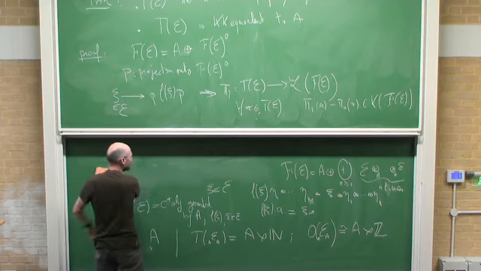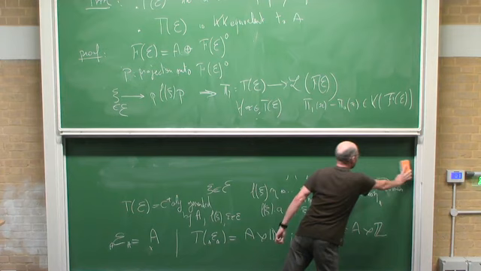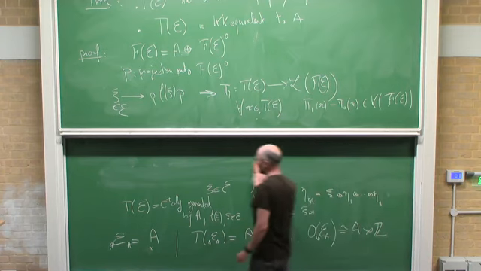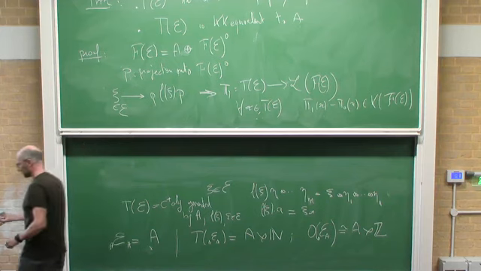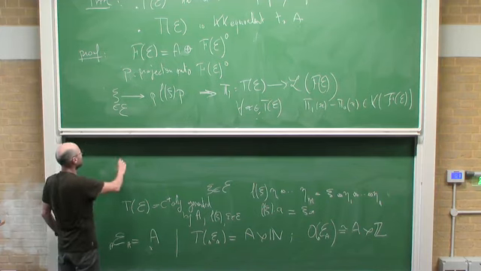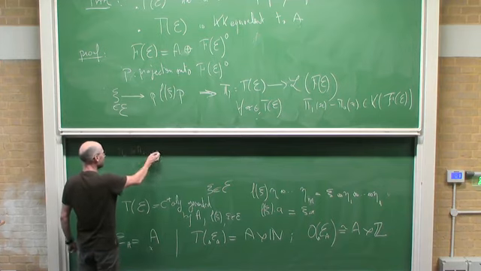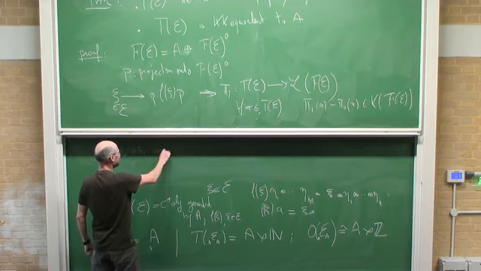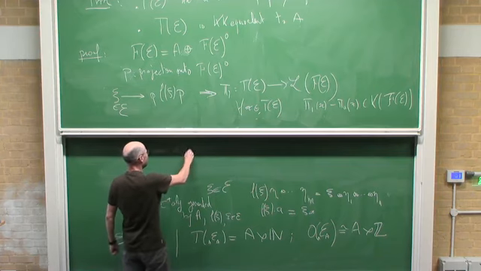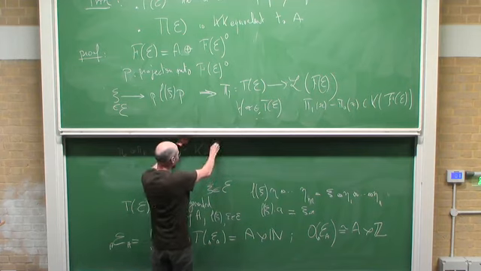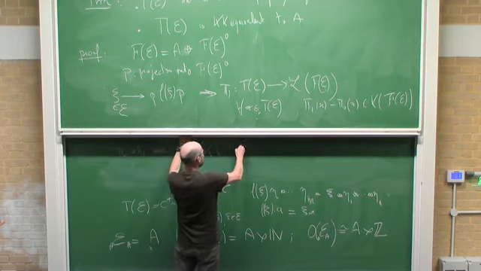And now, with that, you built a natural element in KK-theory. So π_0 plus π_1, if you want, now produces an element α in KK_0(T(E), A).